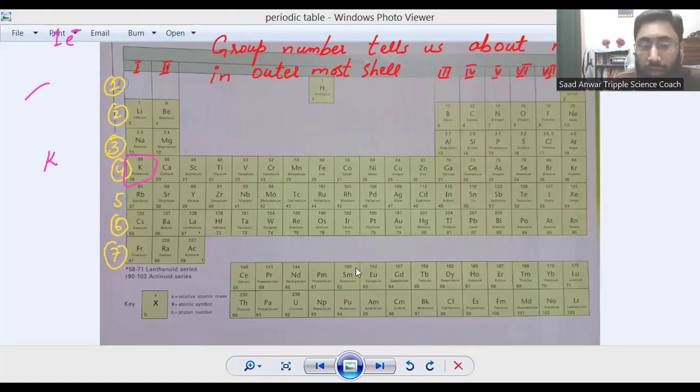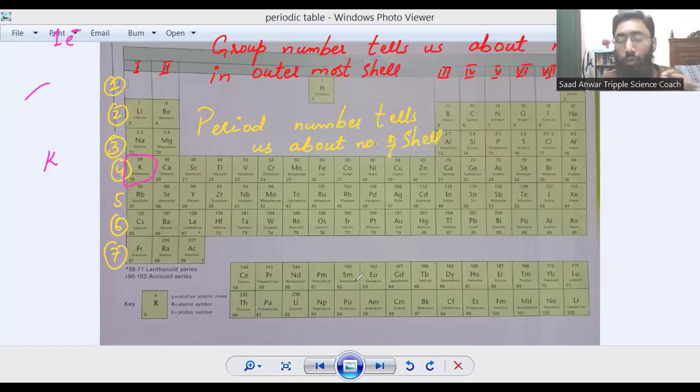The other line is: period number tells us about the number of shells. Write this line. Period number tells us about the number of shells. So for potassium, how many shells should I draw?